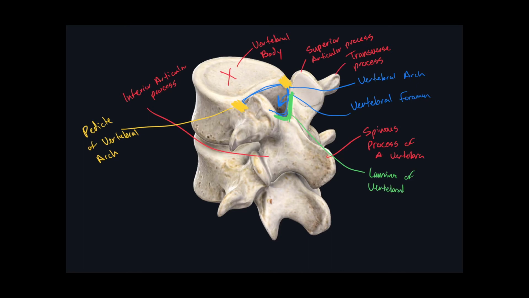Right here we have a notch, and this is going to be the inferior notch of a vertebra. And this one's going to be the superior notch of a vertebra.